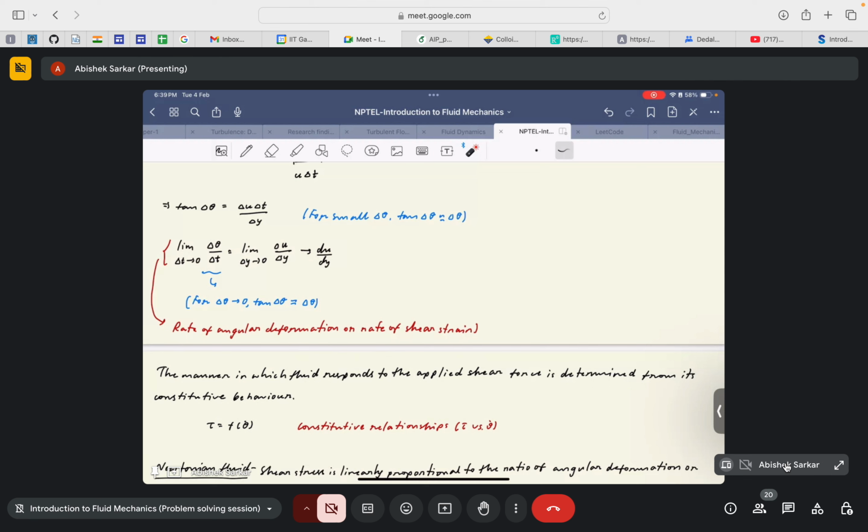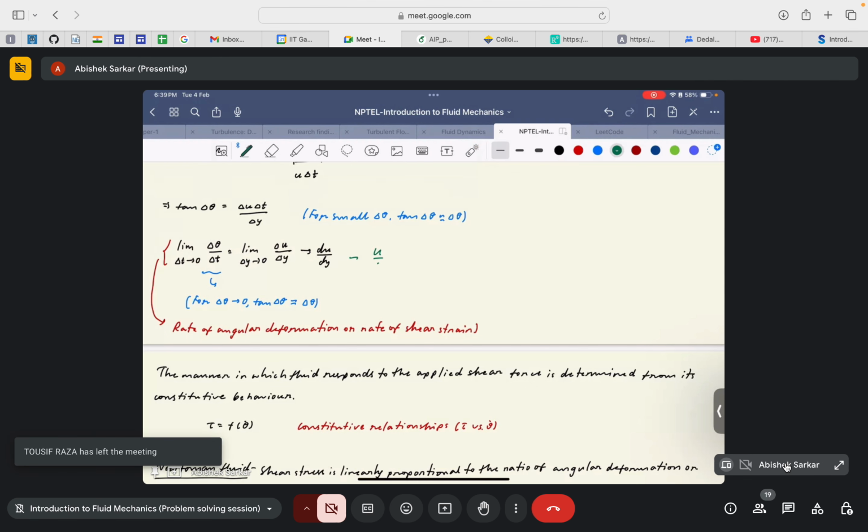As per the discussion by Prof. Chakraborty, I'm keeping it as simple as possible. So the strain rate varies as the derivative of the velocity profile, and its characteristic scale would vary as u by L.